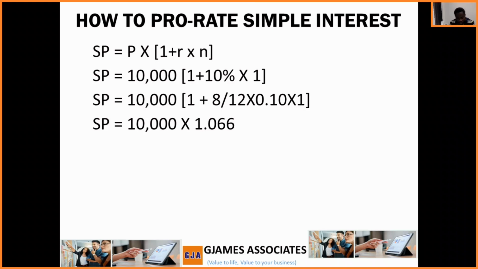Either way, but I'm not approximating. That's what you should get for all these parts. Which simply means that our simple interest will give us at the end of the year, figure matches, what will it give us? It will give us 10,666 and so on.